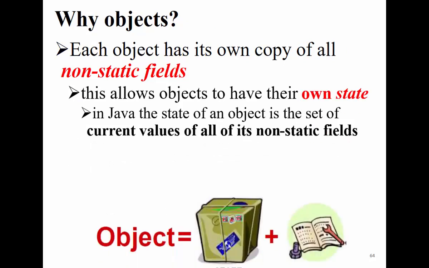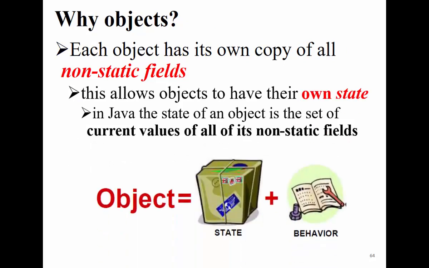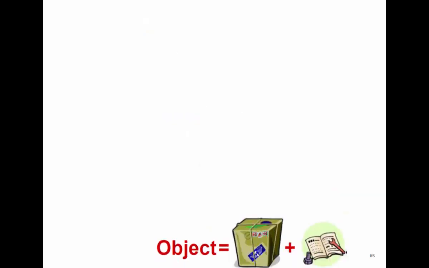Okay, so here is just a diagram that shows that whenever we refer to an object inside Java, we are referring to the state plus behaviors. State represents the values of these attributes, and the behavior represents how we can interact with this state.